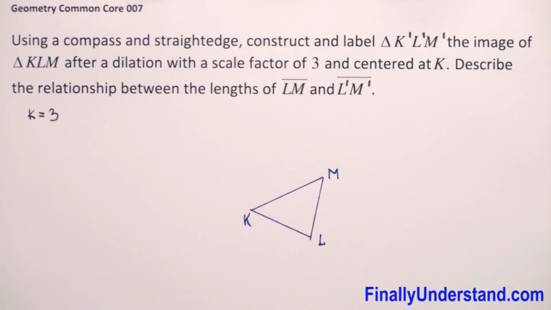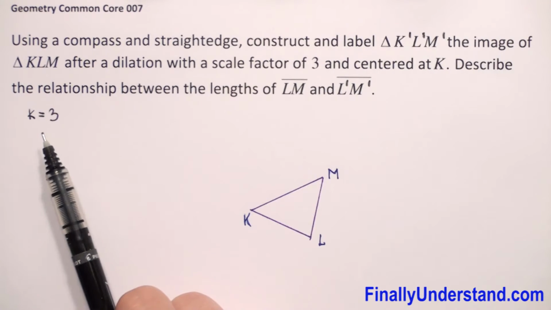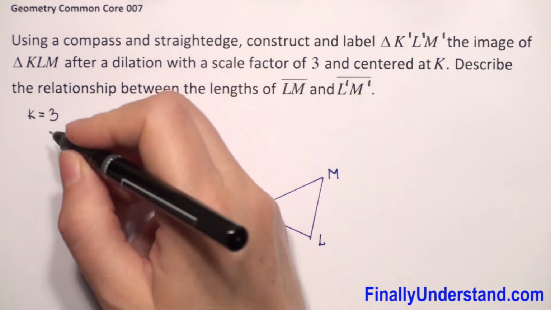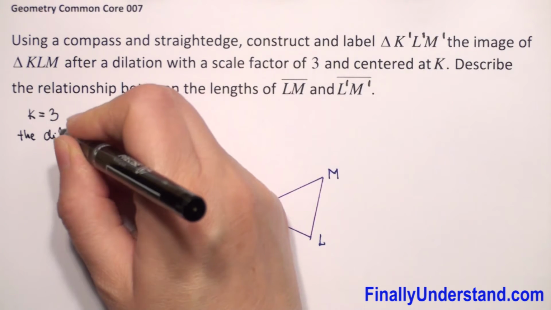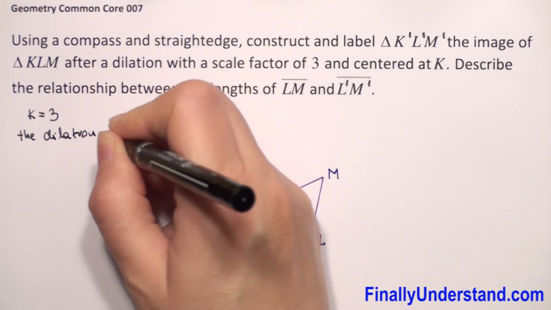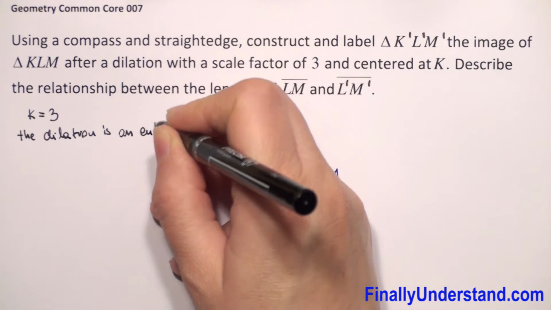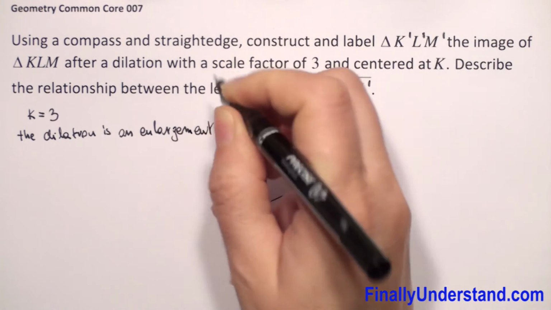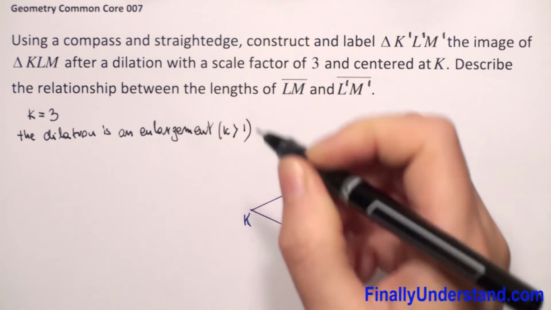We have given scale factor here as 3, and when k is greater than 1, the dilation is an enlargement, because k is greater than 1.